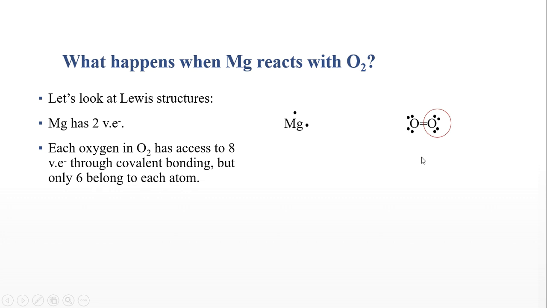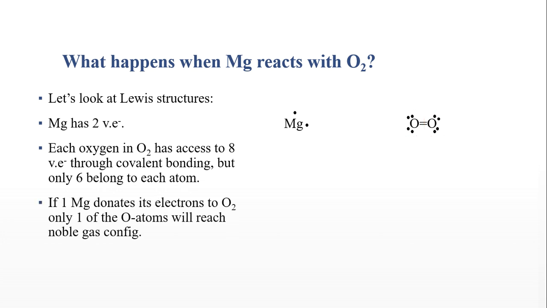So this oxygen atom carries 2 free pairs, and then 2 of the electrons in the bond are its own. So it actually has 6. And that's what you will see if you look in the periodic table as well. Oxygen atoms are supposed to have 6 electrons of their own because they're in group 16. Same thing goes for the other oxygen atom. So both of these oxygens have 6 of their own valence electrons, but then they share 2 of them to get access to a few more.